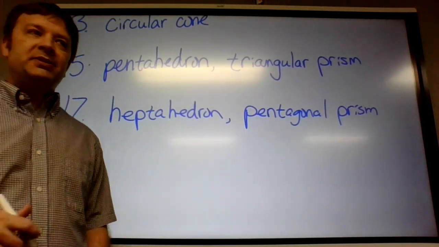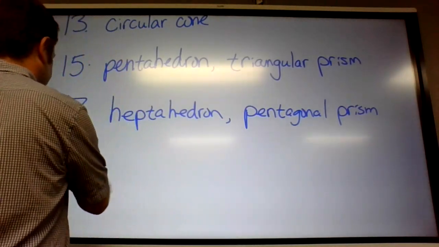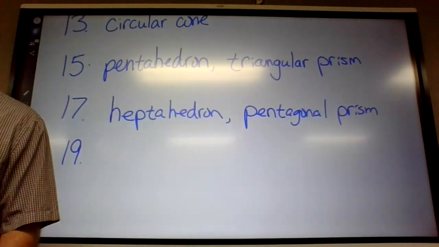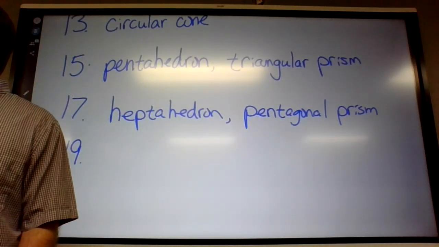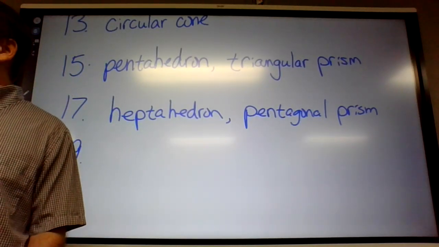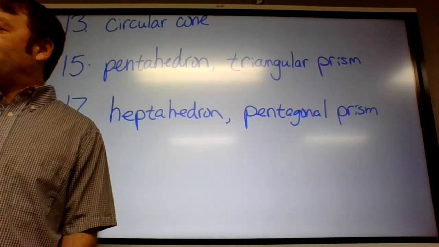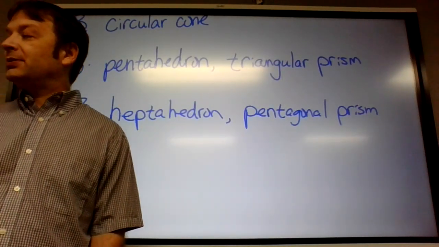How many sides does number 19 have? 7. Okay. Yeah, it's almost the same as 15, except for that one side kind of got split in 2. So 15 had 5 sides, 19 has 6 sides.